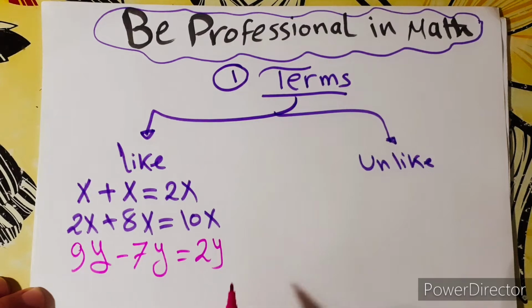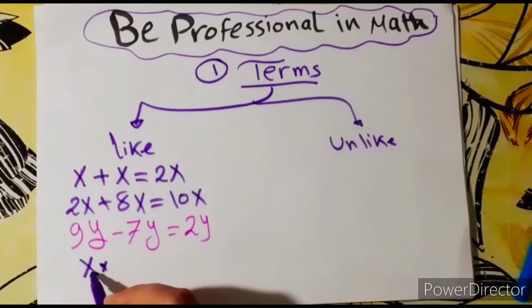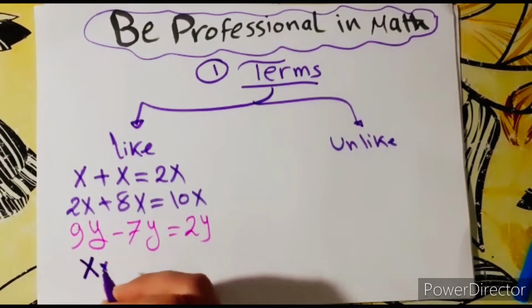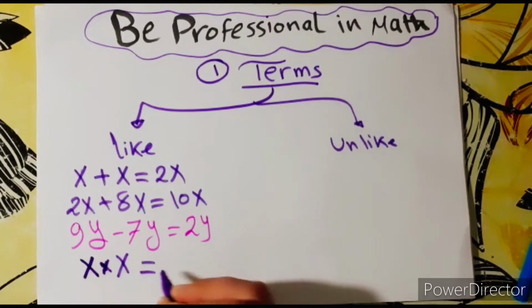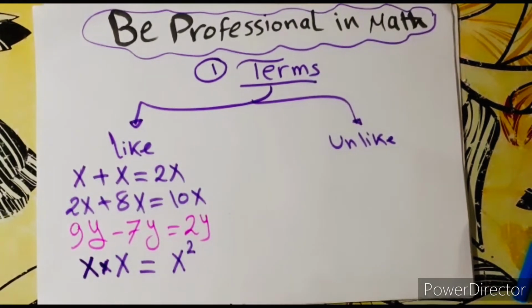Very good. How can we multiply like terms? Pay attention. When we multiply like terms, x multiplied by x equals x power 2. Why?